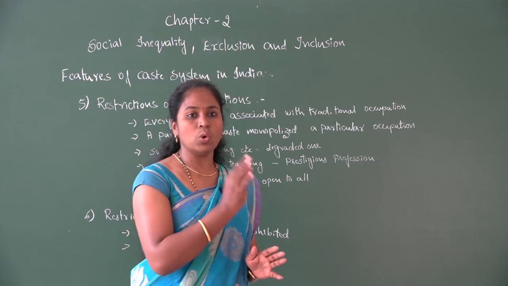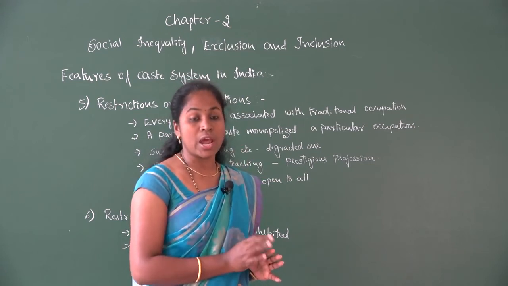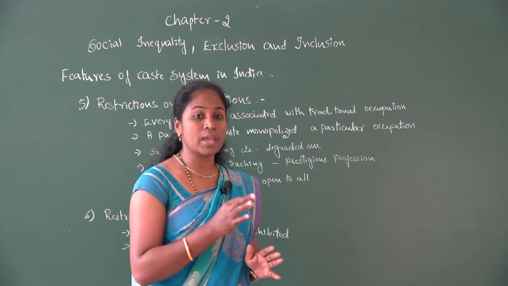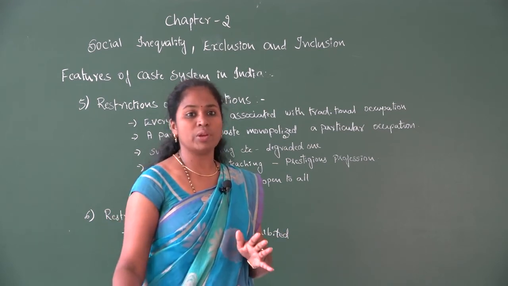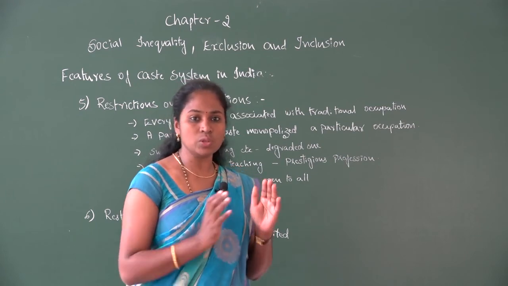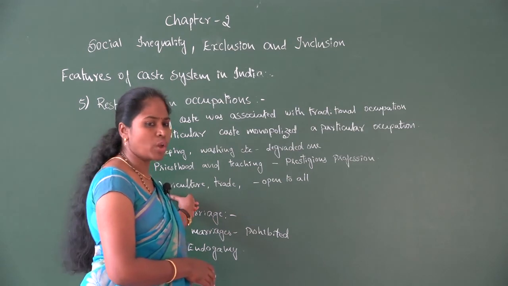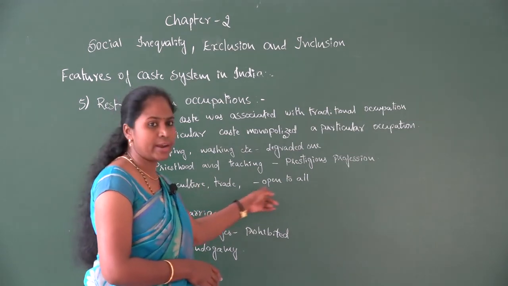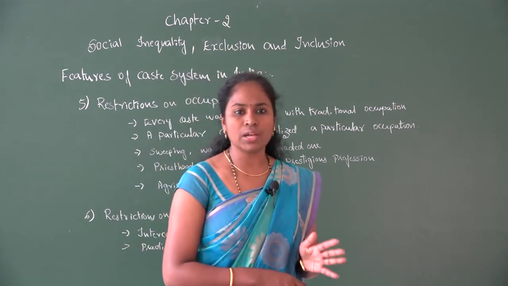They had to do only the occupations reserved for that particular caste, and they were also not allowed to take any occupations which were lower than that caste. Some occupations like agriculture, trade and labouring were open to all the caste groups.